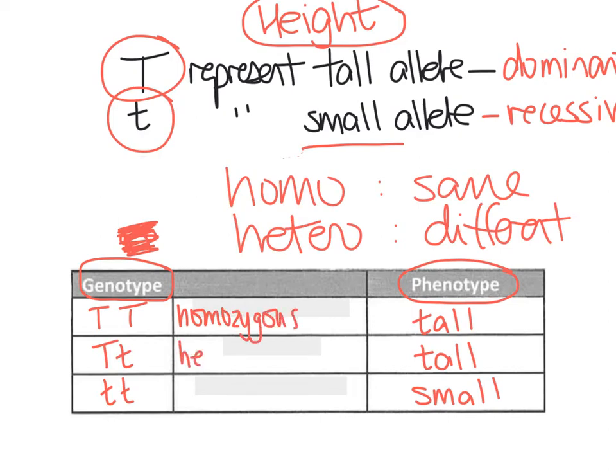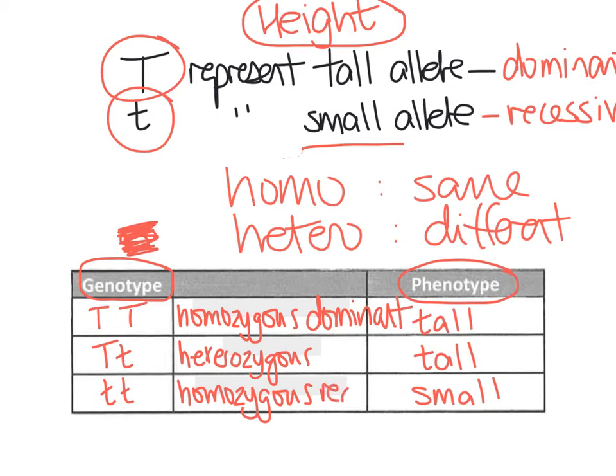This is heterozygous. And these are both the same, so this is homozygous. Two big T's. The big T's are dominant, so this is called homozygous dominant. The middle one is heterozygous, so obviously that means there's one of each. The bottom one's also homozygous, but it's got two small t's, so that's homozygous recessive.